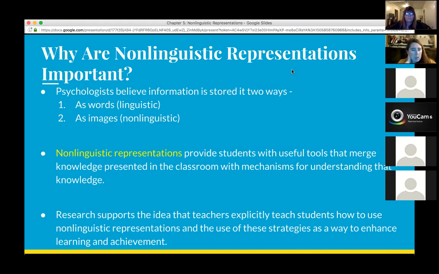They are powerful because they tap into a student's natural tendency to visualize information, and that helps them create meaning and have a better chance at recalling the information later. Research supports explicitly teaching students how to use non-linguistic representations, and the use of these strategies is a way to enhance learning and achievement, because the ultimate goal is to allow students to process, organize, and retrieve information from memory.